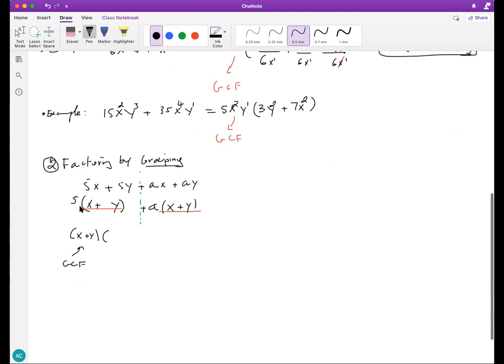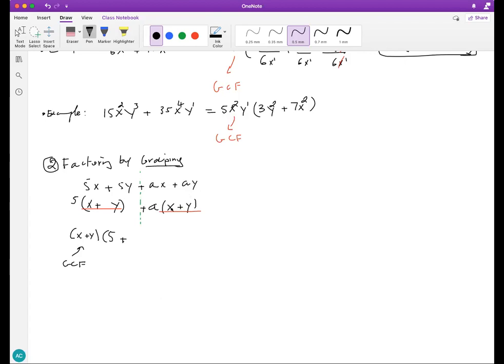So if you divide this term by the GCF, what is left? Just 5. X plus y will cancel out, we end up with 5. Plus, you do the same thing with the other term. We're going to take this term, again divided by the GCF, so plus a.